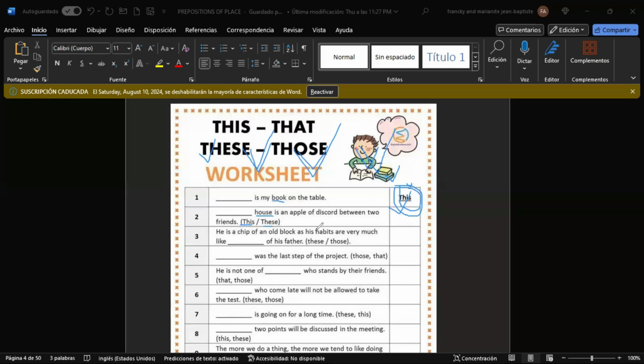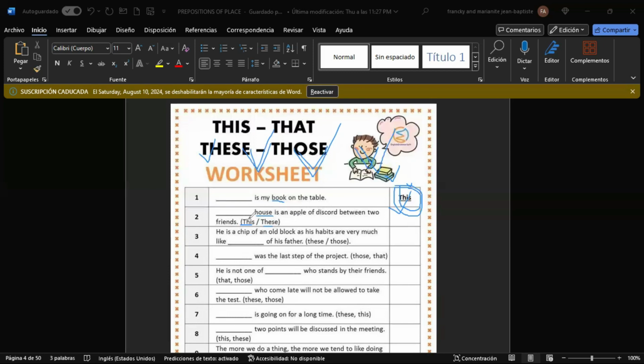Okay. Choose. They say house is an apple of discord between two friends. You have to choose this or these. Which will you choose? This. Correct.